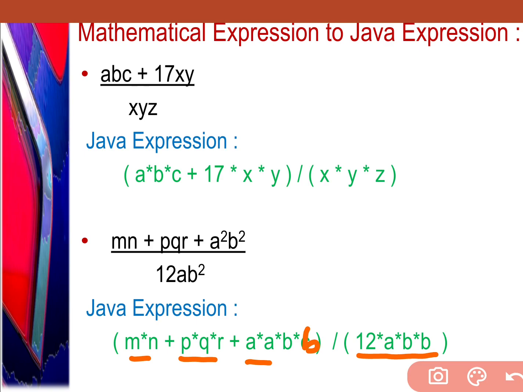Then you have to specify the numerator by showing a bracket and the denominator by showing a bracket. In between both of them we have a slash, which shows that we are dividing the numerator by the denominator. I think you are going to understand it.